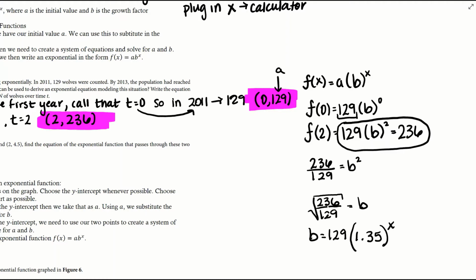Now, as a long-term model, it's probably not going to work out, because in a couple of years we're not realistically going to have a couple thousand wolves. So exponential growth models can be limited by time. Something that will affect the population is disease, or the capacity to feed them.